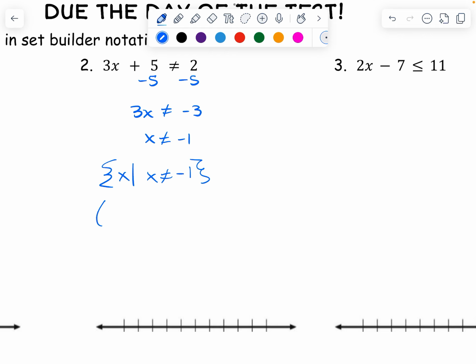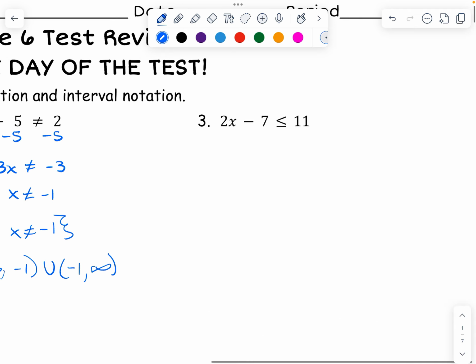And then negative infinity to negative 1, union negative 1 to positive infinity, not including negative 1. 0, 1, 2, 3, negative 2, negative 3. So open dot and everything except for negative 1.